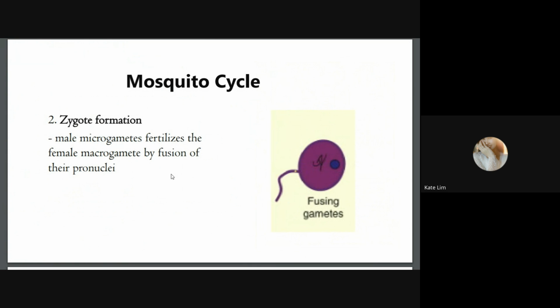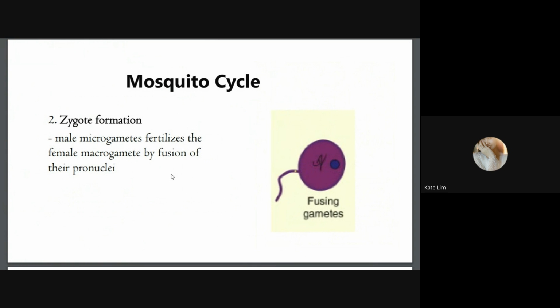This zygote formation is again the product of the fertilization when your male microgametocyte meets up with your female macrogametocyte.